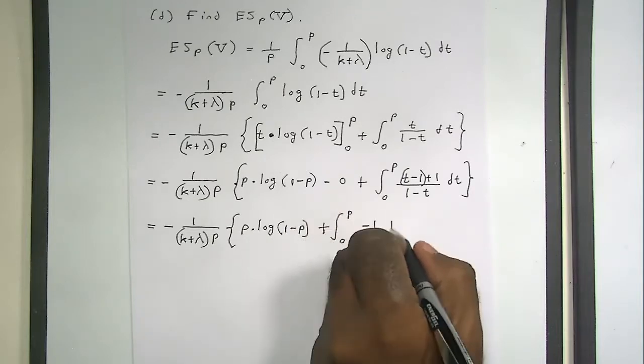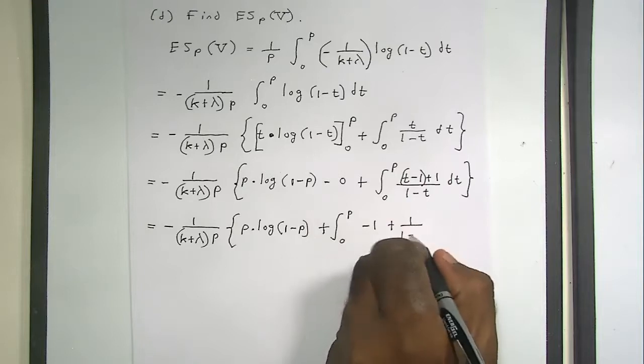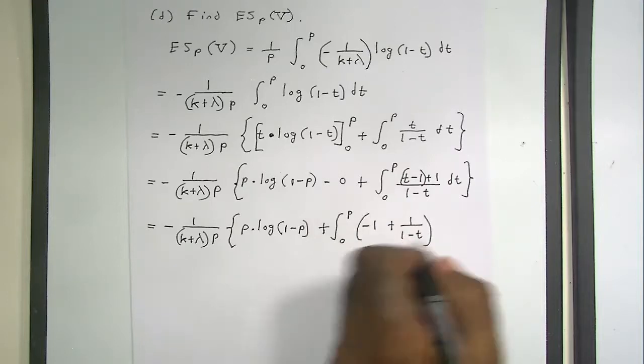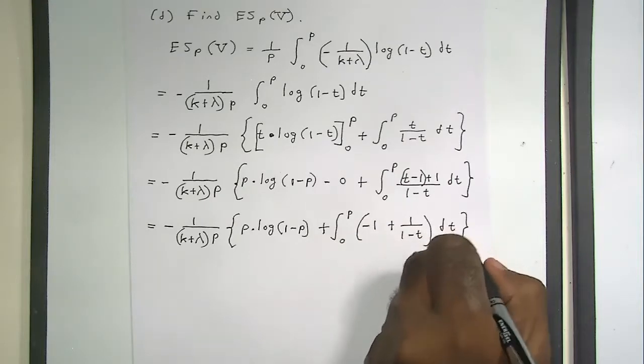Minus 1 plus 1 divided by 1 minus t. There are two different terms here.